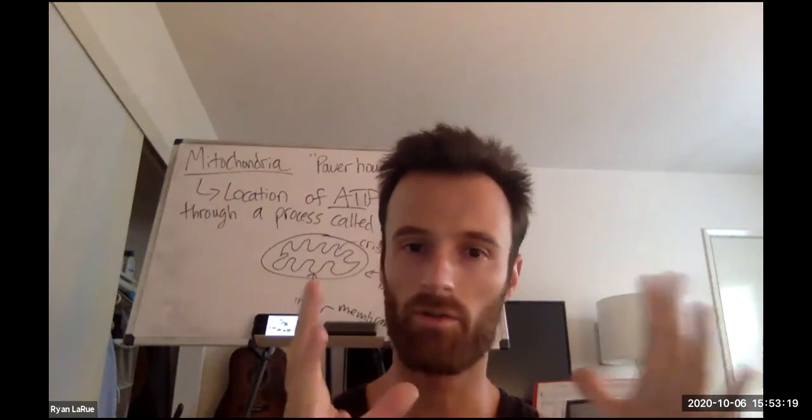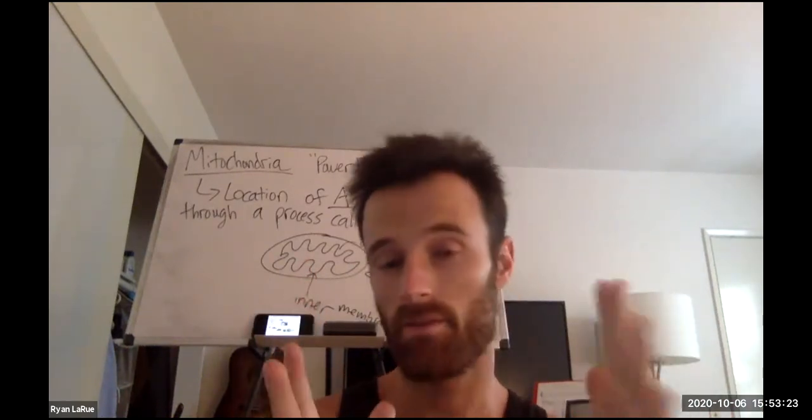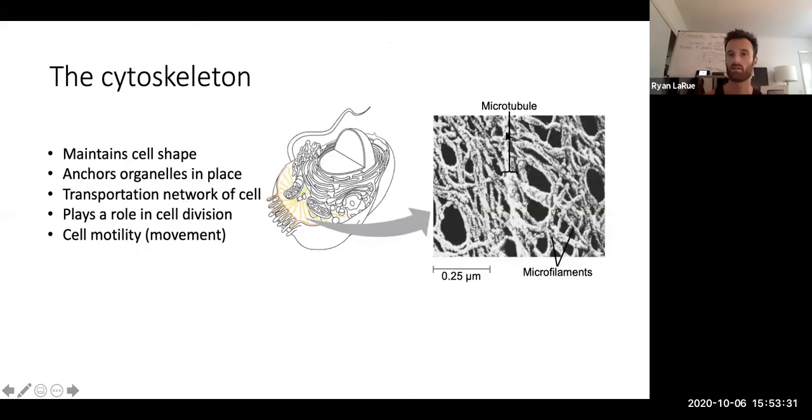The whole cell is filled with these microfilaments and intermediate filaments and microfibrils, these types of proteins, microtubules, microfilaments. And here are some of the functions of the cytoskeleton.